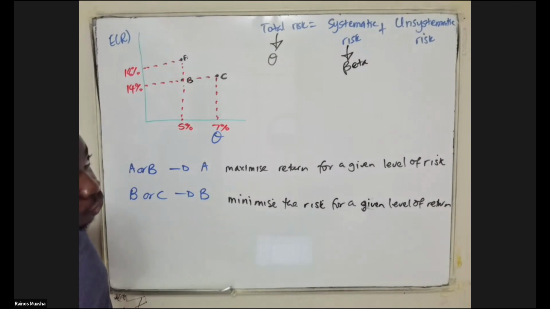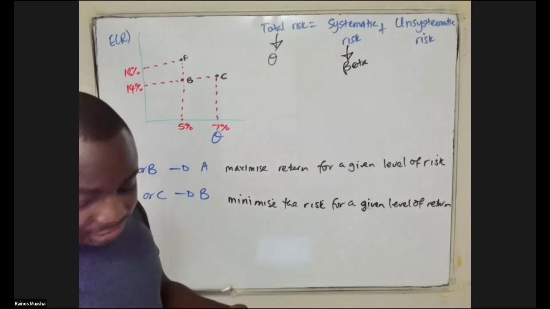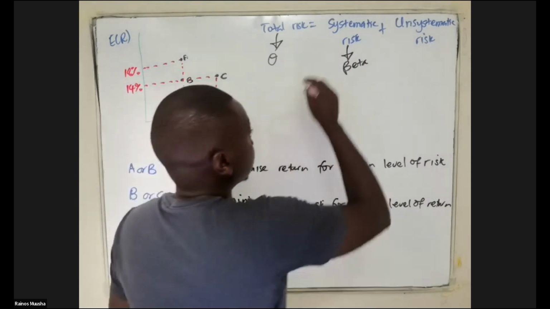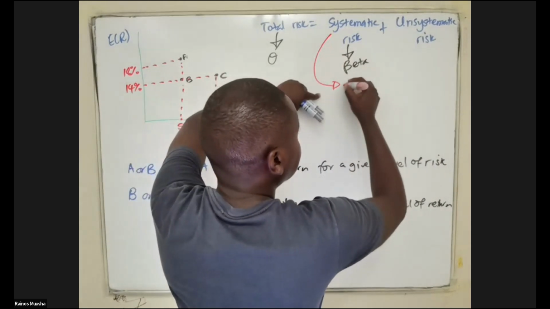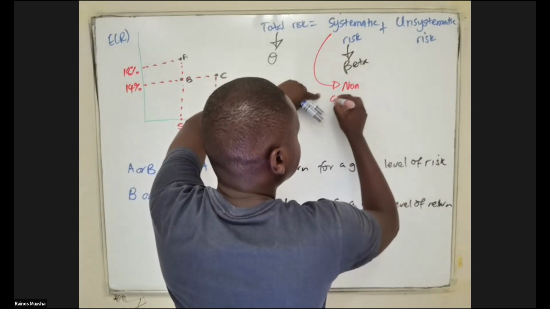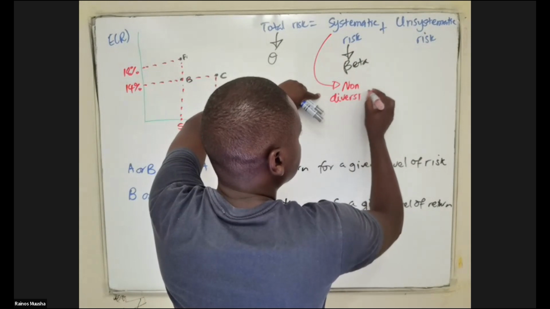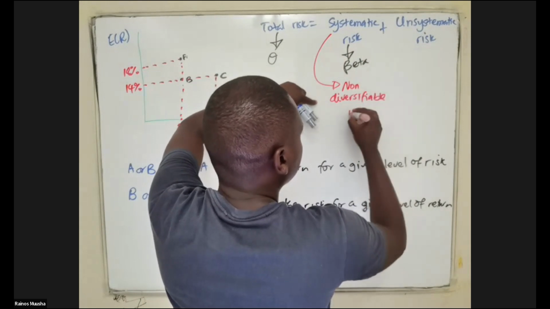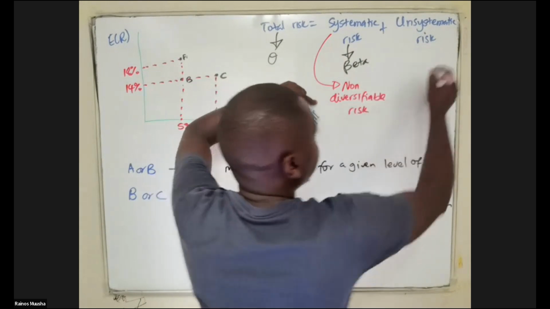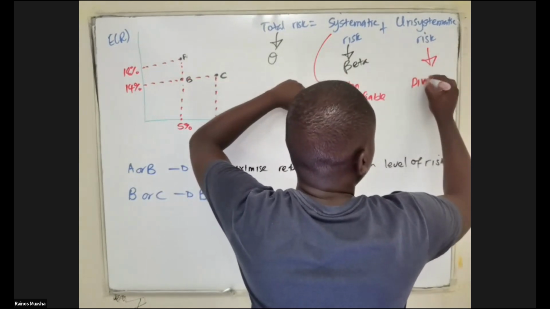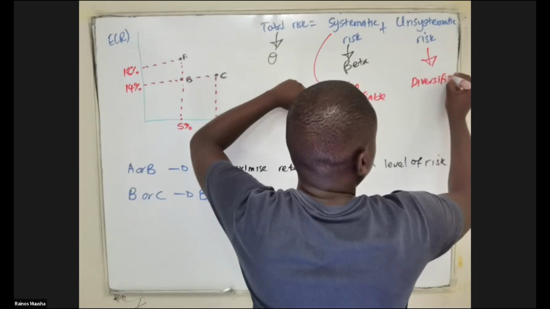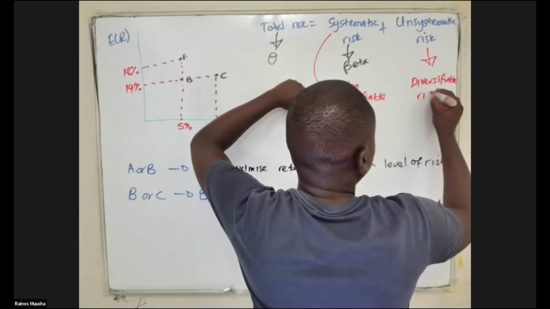So if you take into account your total risk, you are accounting for systematic risk and unsystematic risk. And please note as well, your systematic risk is also referred to as non-diversifiable risk. And your unsystematic risk is also referred to as your diversifiable risk.